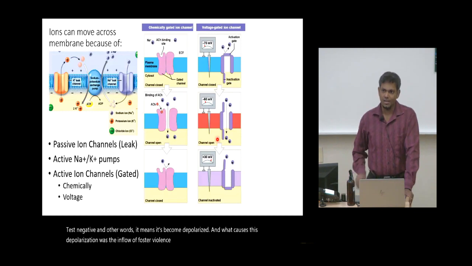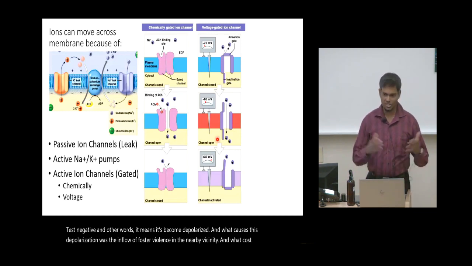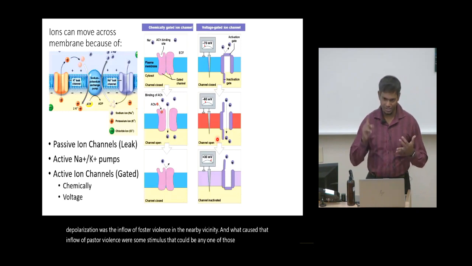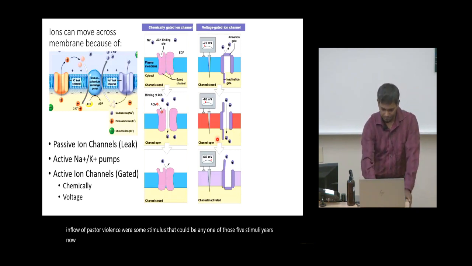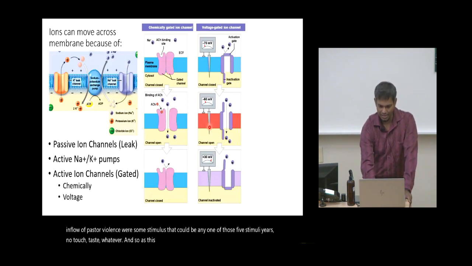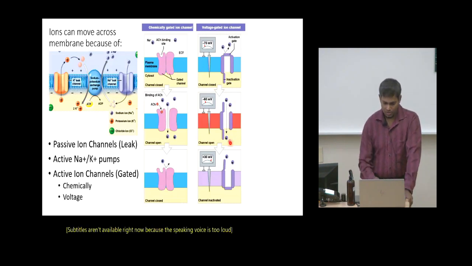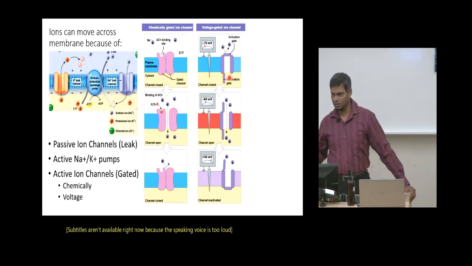And what caused that inflow of positive ions was some stimulus, right? Could be any one of those five stimuli here: smell, touch, taste, whatever. And so as this membrane potential changes, the activation gate opens and sodium ions can flow in. But keep in mind that there's also an inactivation gate which is not dependent on the voltage.